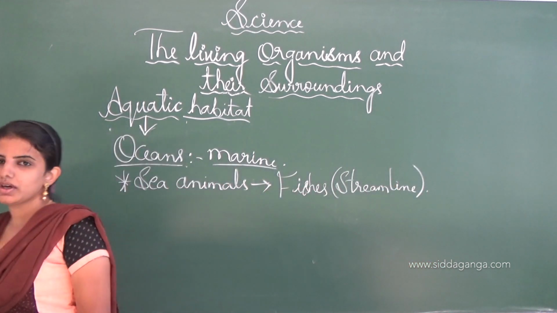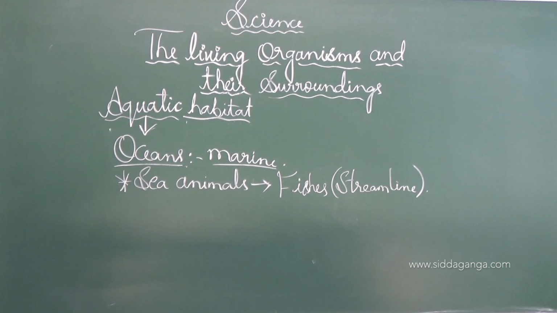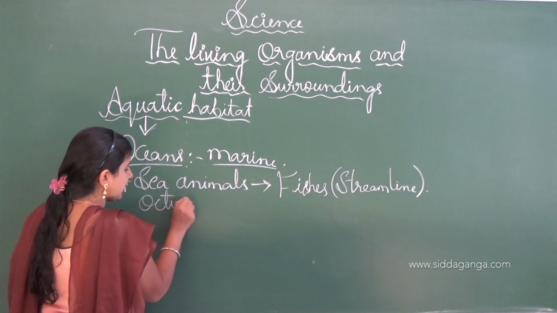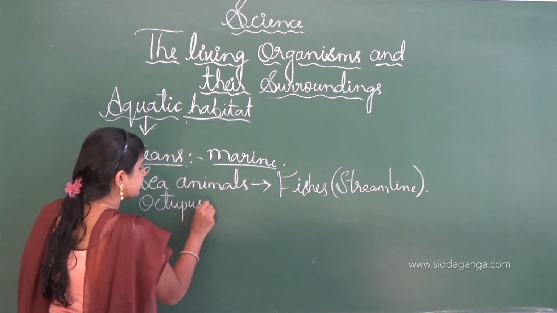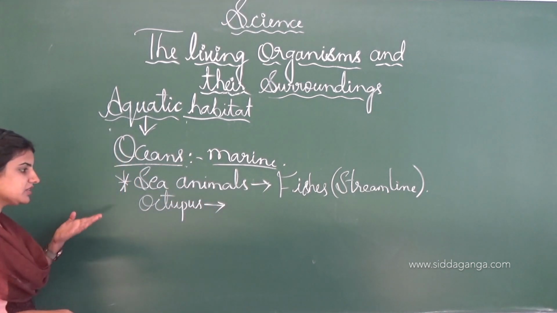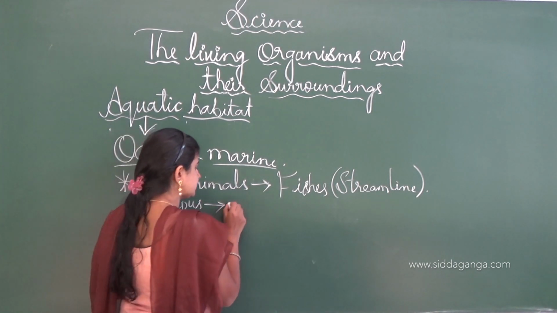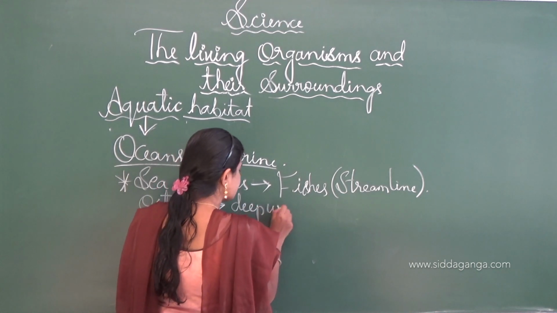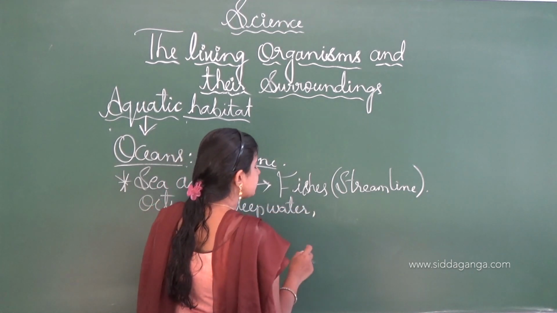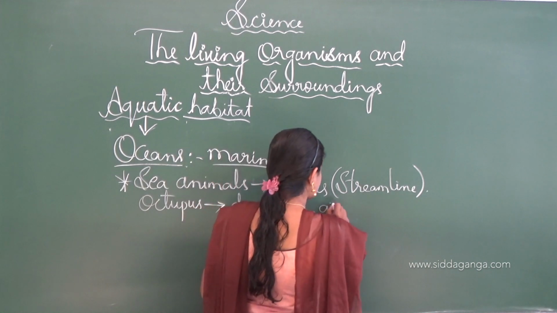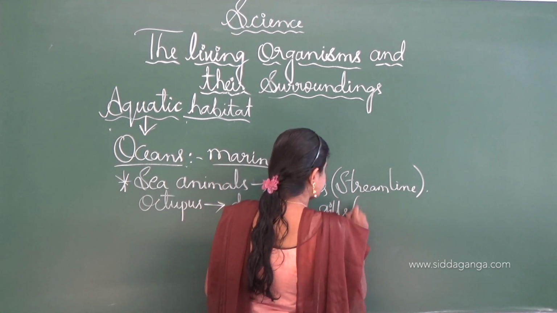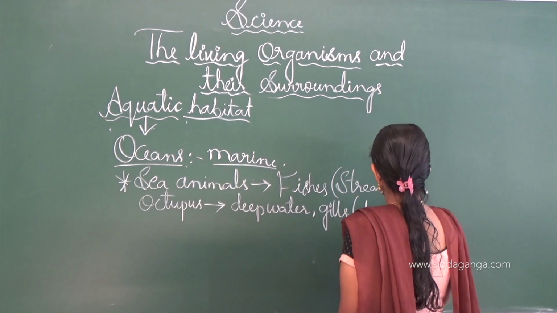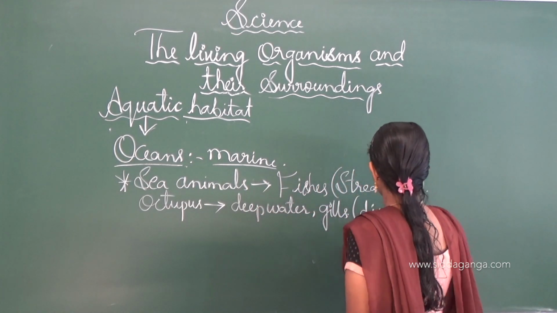Streamlined body structure, and also as I told you, the octopus has 8 arms, and usually this octopus floats in the water. These octopus will be found in the deep water, and it will respire through the gills, using the dissolved oxygen which is present in the water.